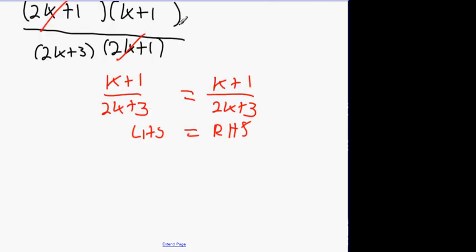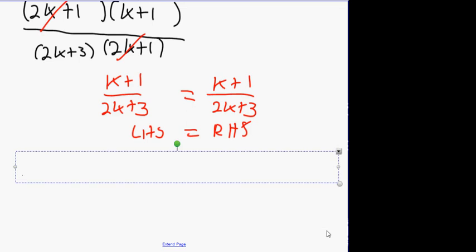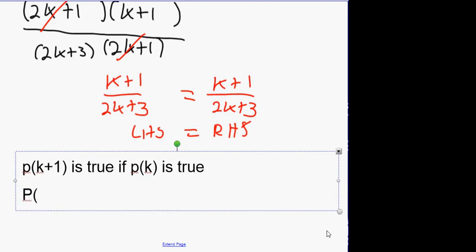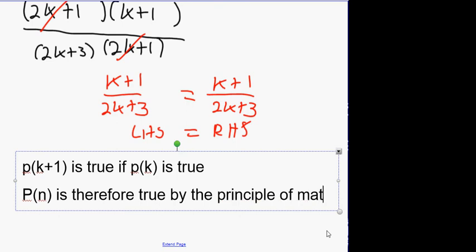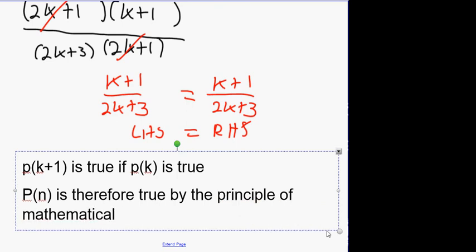So what we're going to have here is P of k plus 1 is true if P of k is true. P of n is therefore true by the principle of mathematical induction.